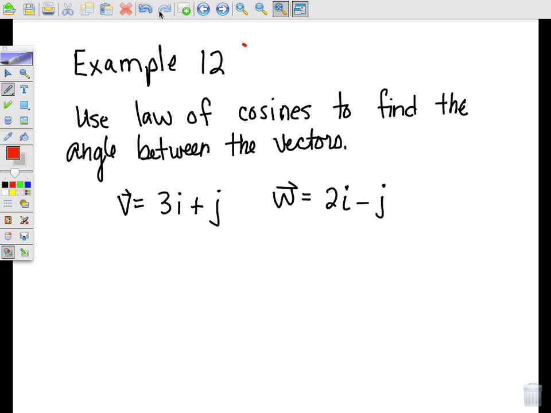Let's go ahead and get ourselves an x and y coordinate plane, and we're going to plot these two vectors. I've got the vector 3i plus j, so that is 3, 1.